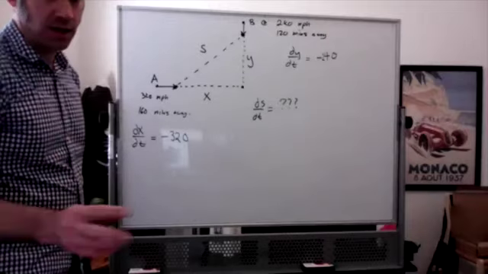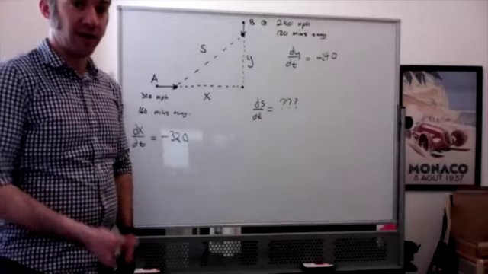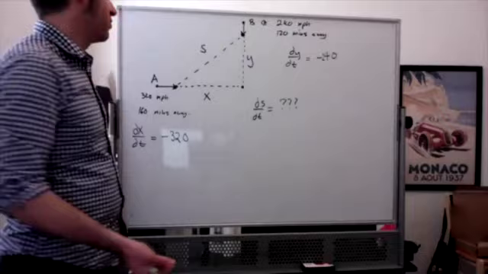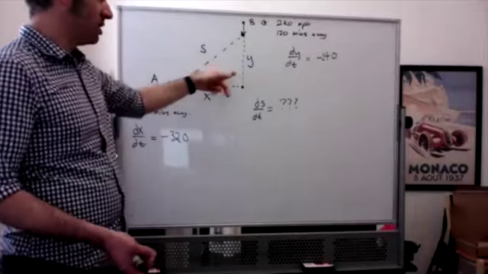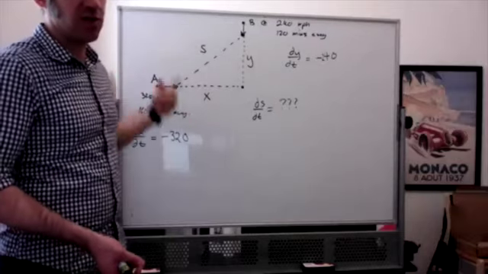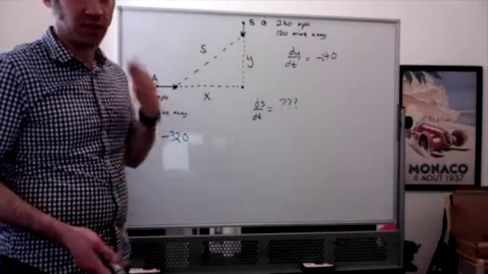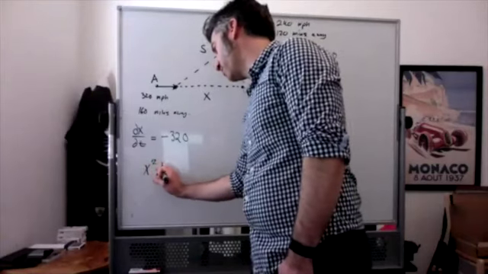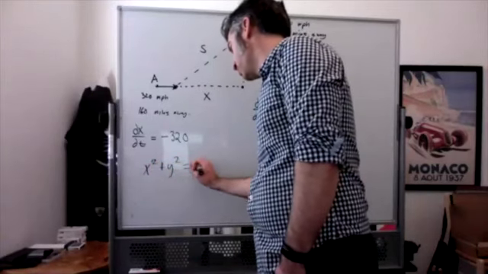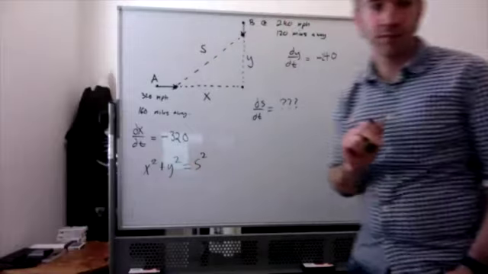Importantly, your equation should relate the variables that are changing, meaning if you know that x and y and s are changing, and you know how these two are changing, and you want to know how this one is changing, your equation should probably have all three of those variables in it. Ours does. The Pythagorean theorem is x squared plus y squared equals s squared.